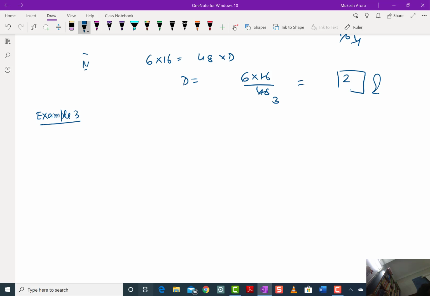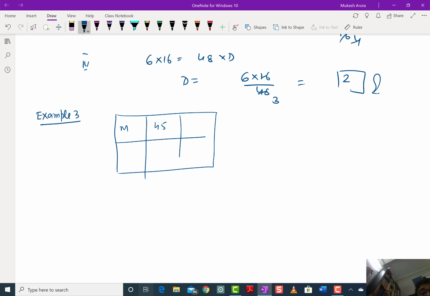Example 3 is: if 45 men can complete the work in 49 days, then how many days will 35 men take?